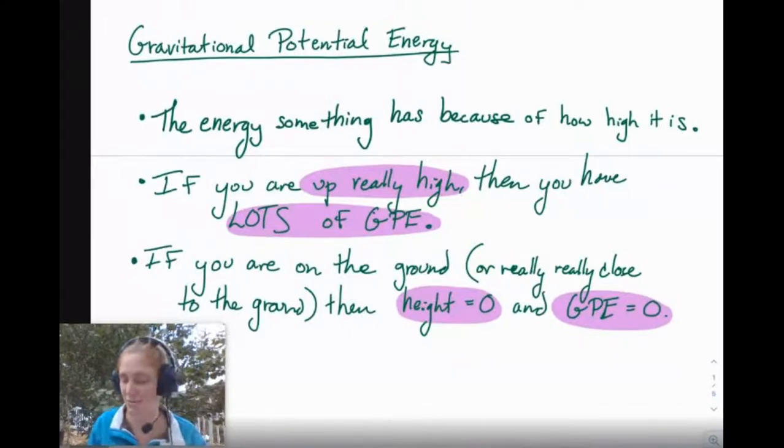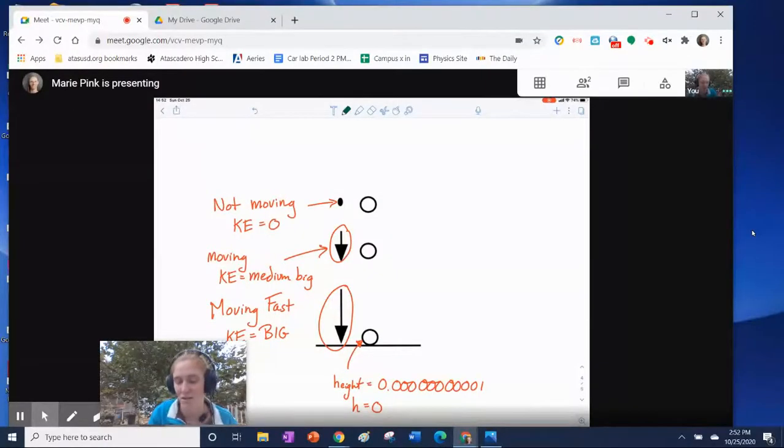So let's look at the example. So up here at the top, this is really high up, which means that I'm going to have a big gravitational potential energy. And in the middle, I'm at a medium height, which would mean that I have a medium amount of gravitational potential energy.